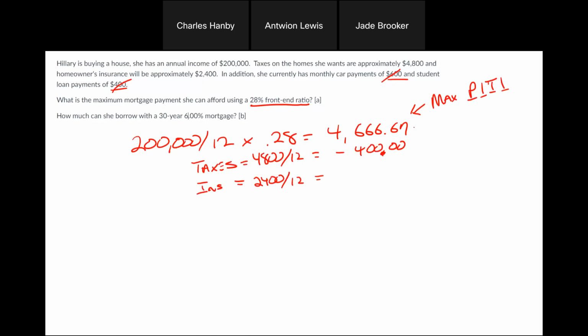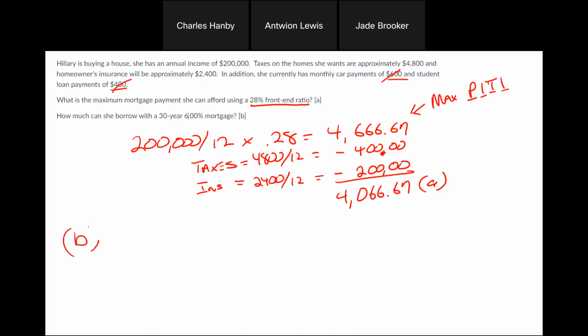So you're sending $4,667 a month to the mortgage company, assuming that's how much you borrowed. Yeah, so subtract out $600. That's $4,666.67. So that is the answer to A.